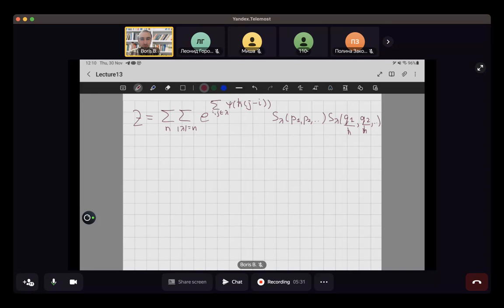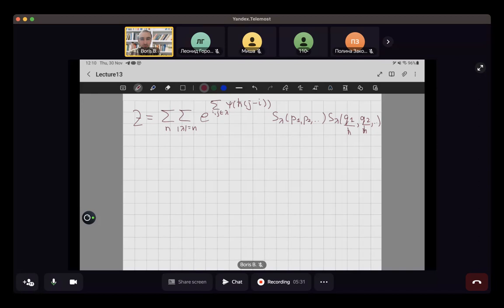But okay, one more operator which I want to define is the following. So E, the so-called one more definition. I want to define operators E through the following formula.